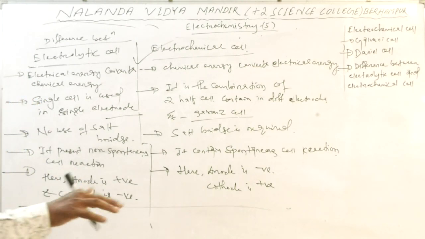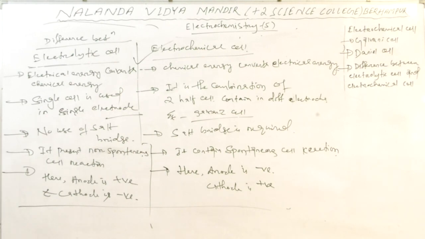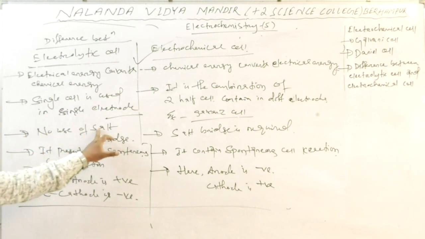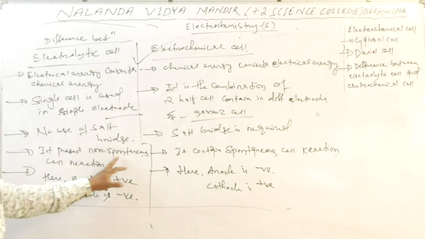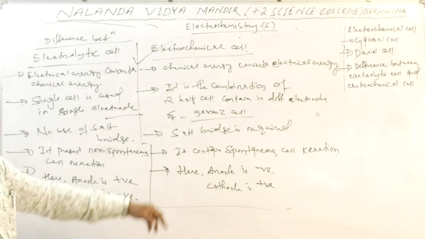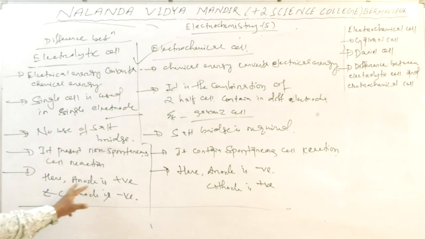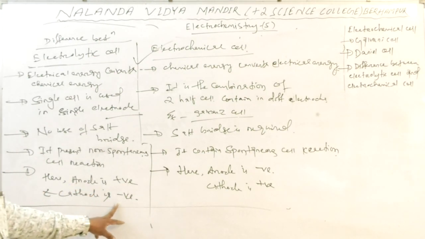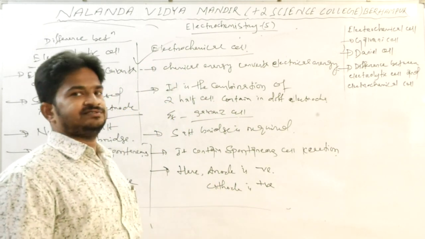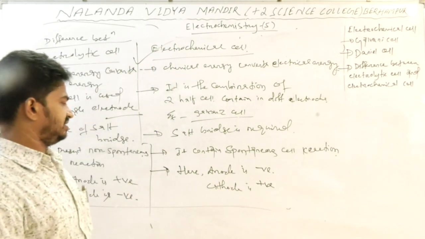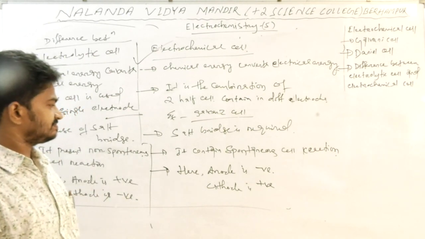In the electrolytic cell there is no use of a salt bridge; in the electrochemical cell a salt bridge is required. The electrolytic cell has a non-spontaneous cell reaction; the electrochemical cell has a spontaneous cell reaction. Here the anode is positive and the cathode is negative, but in the electrochemical cell the cathode is positive and the anode is negative.